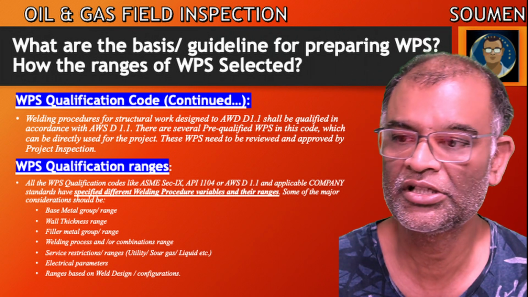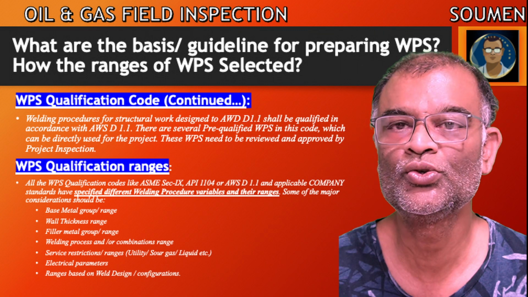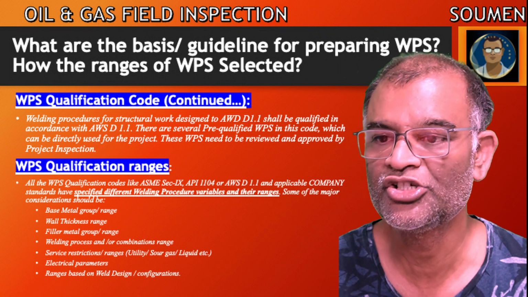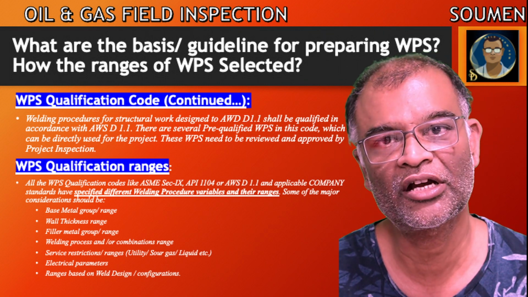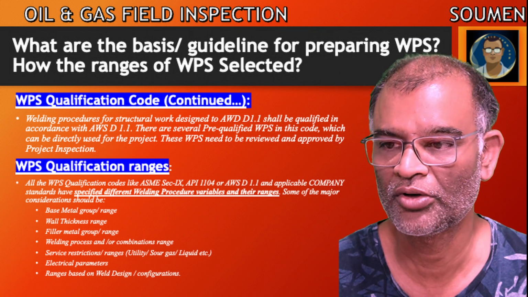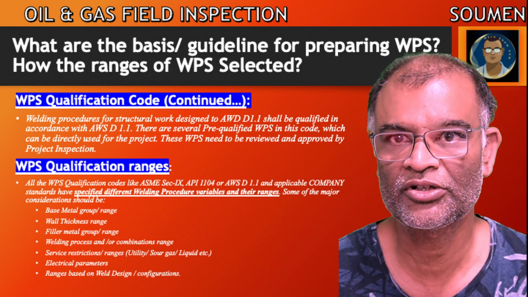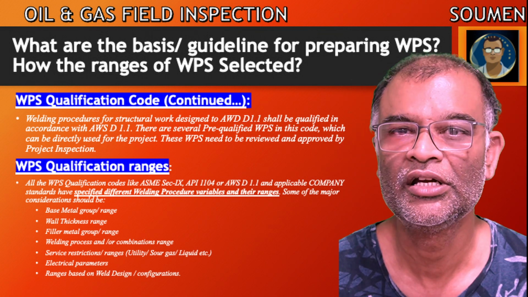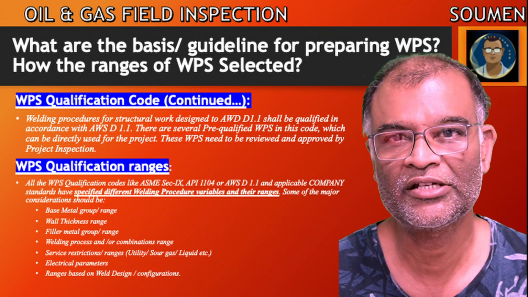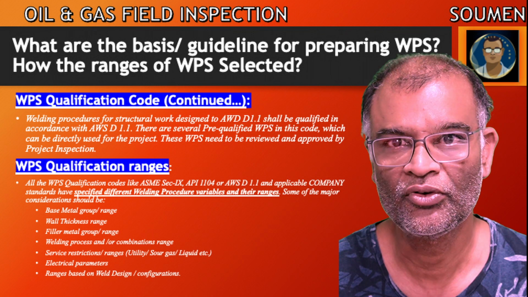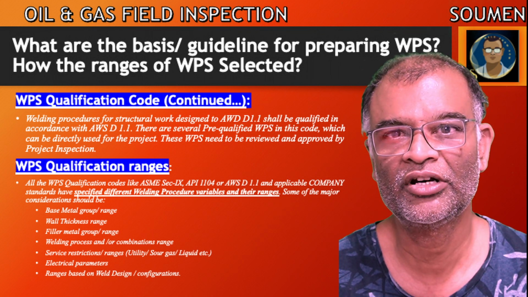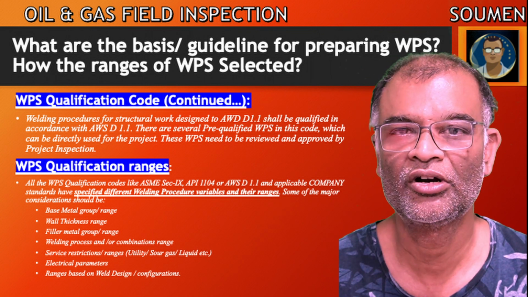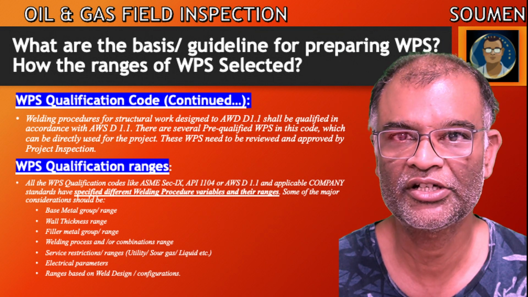Welding procedure for the structural work designed to AWS D1.1 shall also be qualified in accordance with AWS D1.1. So in this case, for the structure, design code and the qualification code are the same. Whereas B31.3, 4 and 8 are all referring ASME section 9 or API 1104 for the qualification.